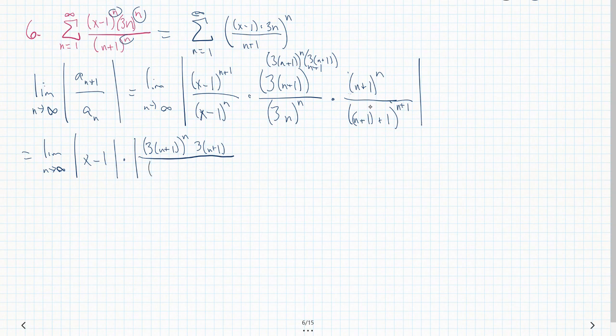And then we have a 3n raised to the nth power, and so that'll allow us to group those two things, times another, same thing here, we're going to have an n plus 1 raised to the nth power, and we can rewrite this as n plus 2 to the nth power times n plus 2.